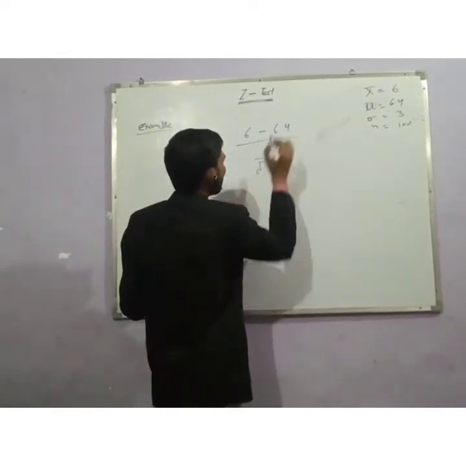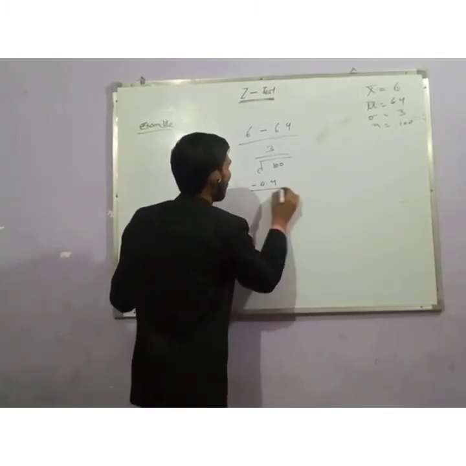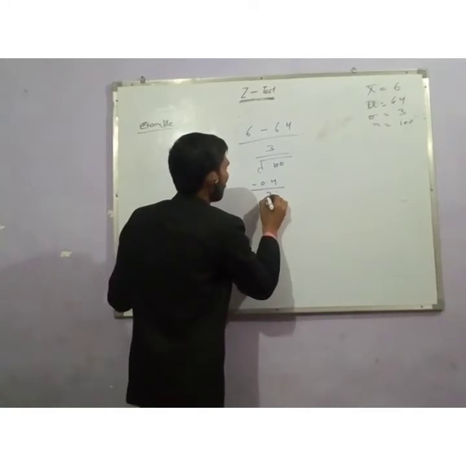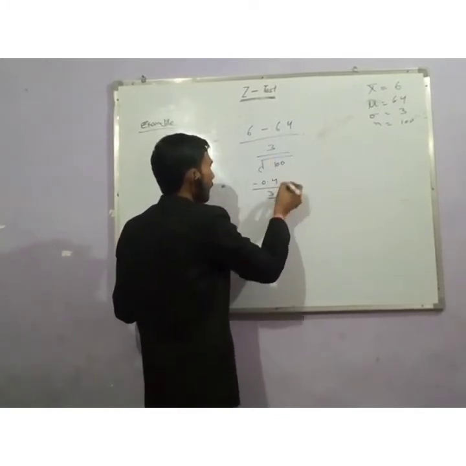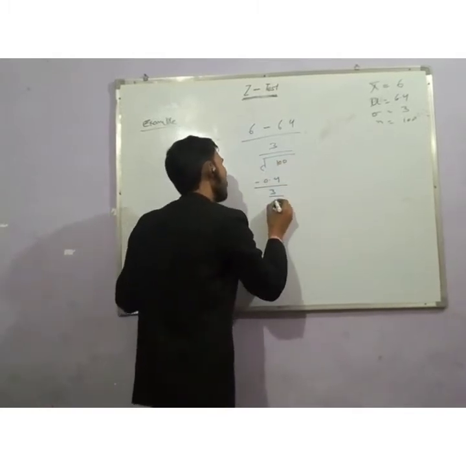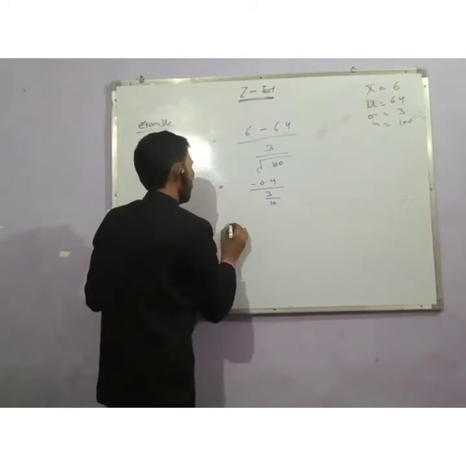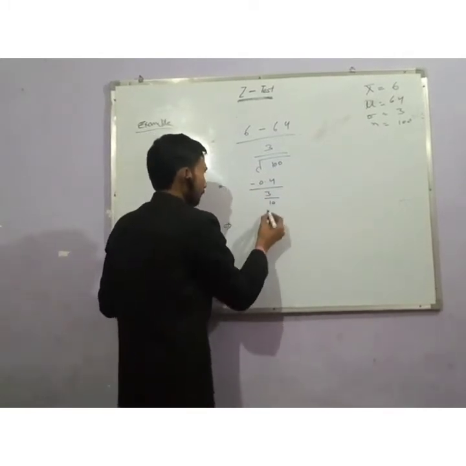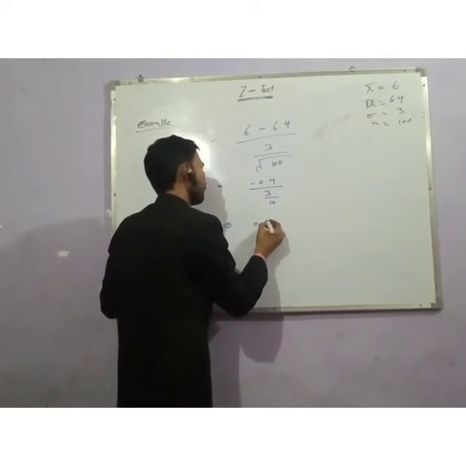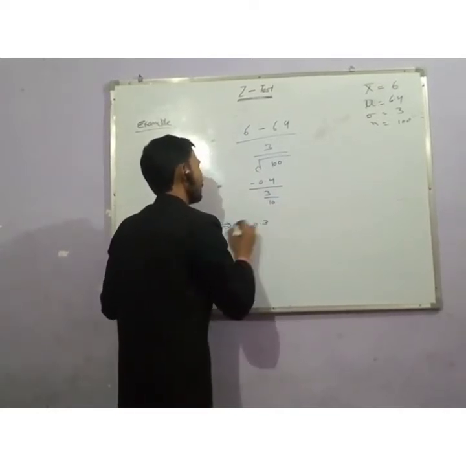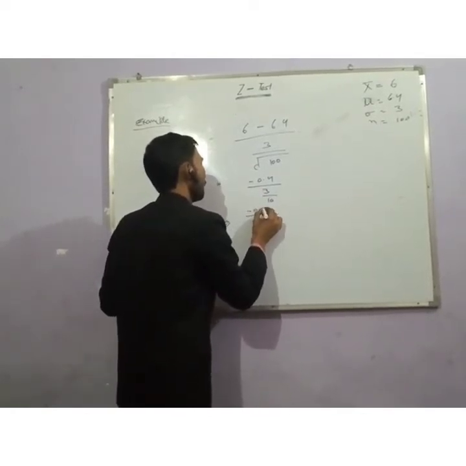6 minus 6.4 equal to minus 0.4 divided by 3 under root n. Under root n is 100, or under root 100 means 10. Okay, now 0.3 and here minus 0.4.